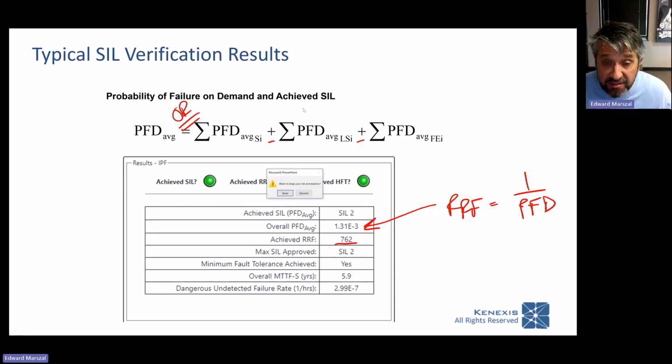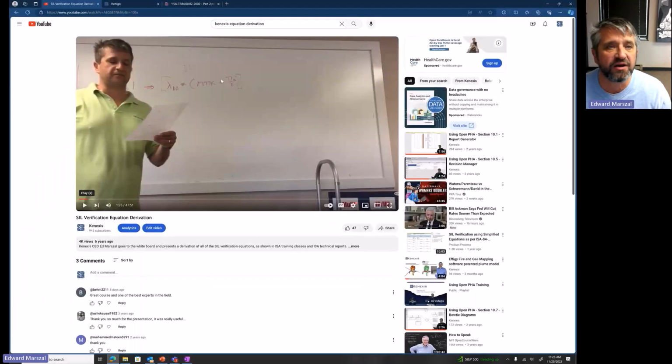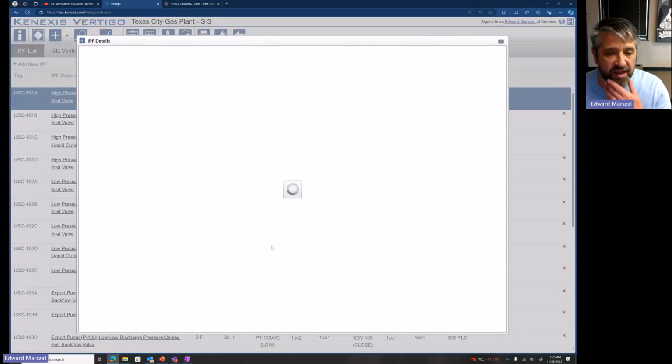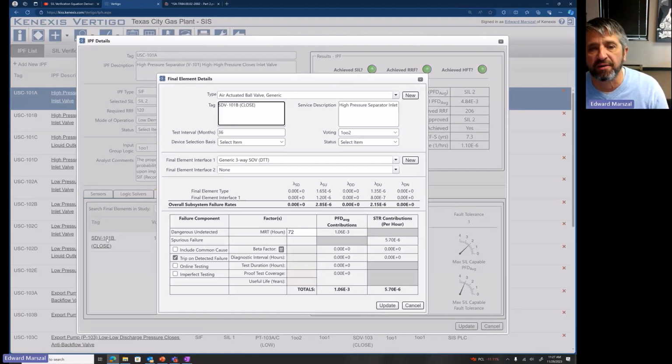So all of that is kind of summarized and simplified when you go into Vertigo and you start looking at a component. Let's bring up the valves this time, which is in a 1 out of 2 voting arrangement. So that's where all of this stuff came from.